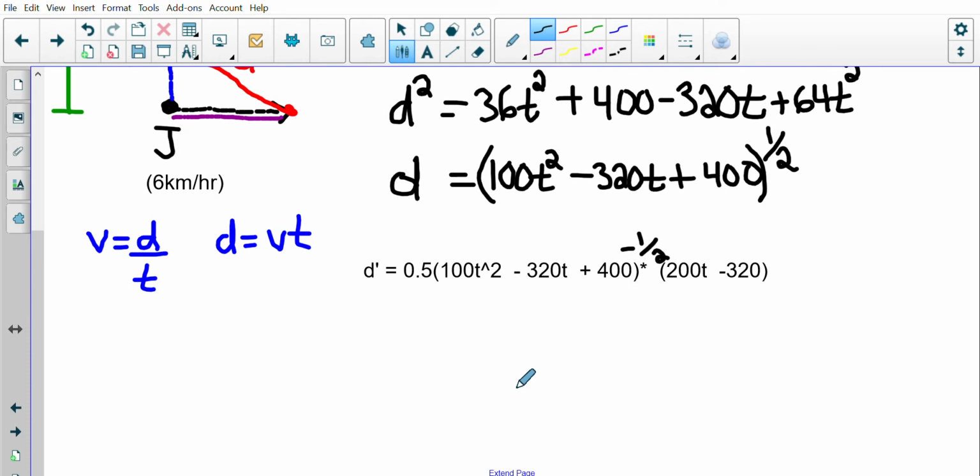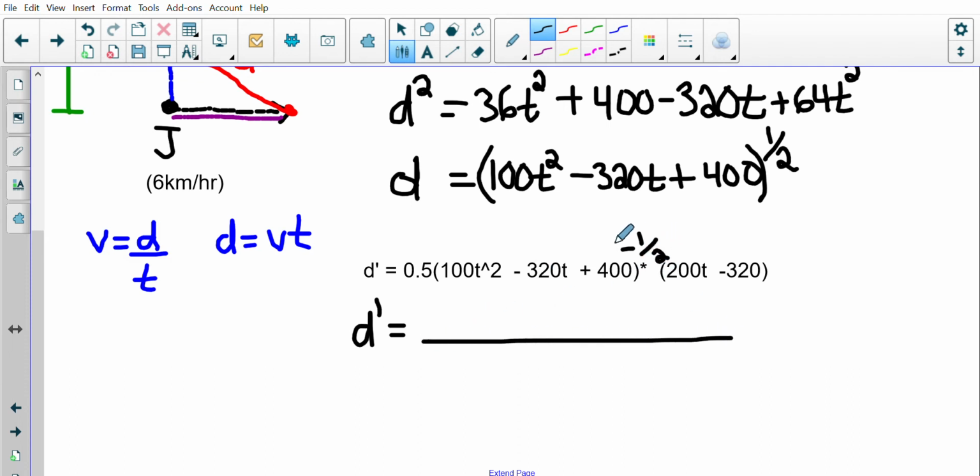All right, before I set this thing equal to 0, I'm going to rewrite this derivative. The derivative is equal to, now this big thing up top, everything in brackets, 100t squared minus 320t plus 400 to the negative 1/2.